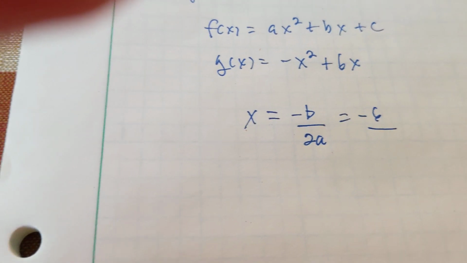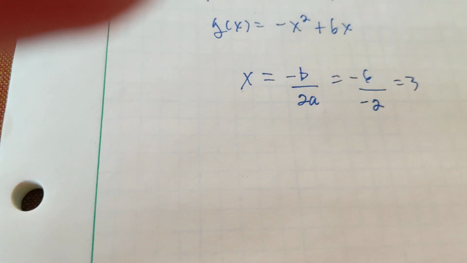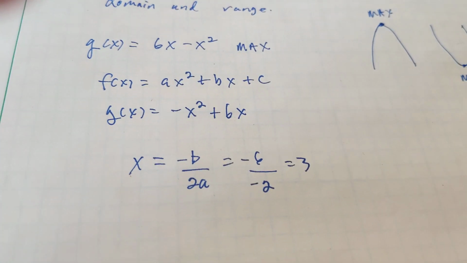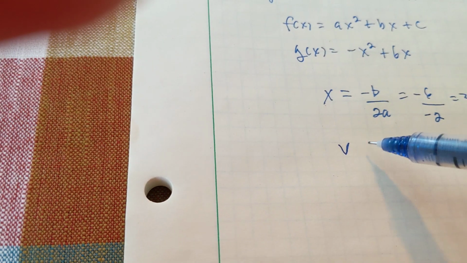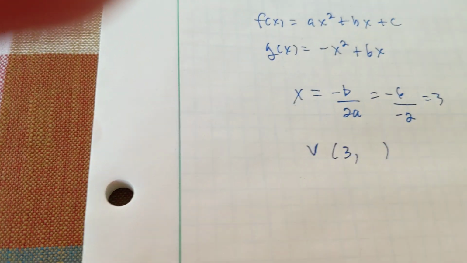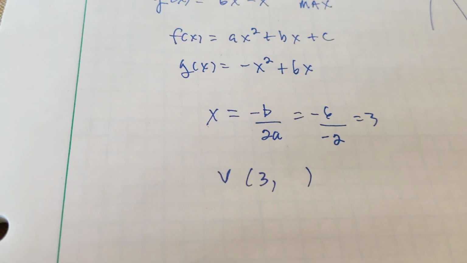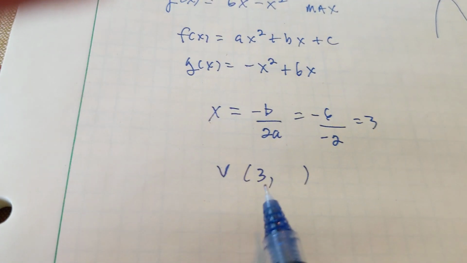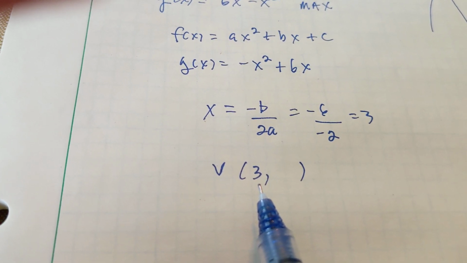And since a is negative 1, 2 times negative 1 is negative 2. So negative b over 2a is going to be 3. That tells me the x value of the vertex is 3. So I put a big V there, which stands for vertex, and the x value in the ordered pair for that vertex is 3.